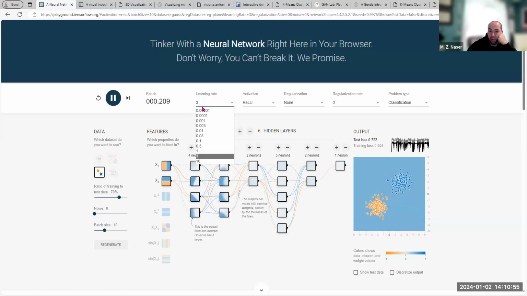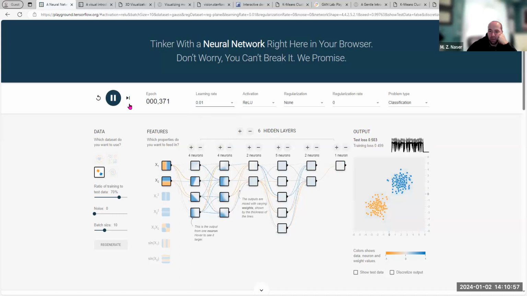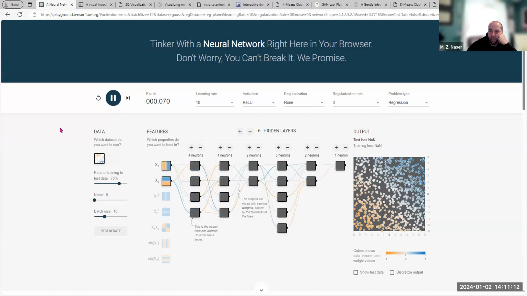You can see that if we reduce the learning rate, it's much slower, much more constant. Reduce it further, even slower. You increase it, it's different. If we make this regression run, you can see it's very funny. The learning rate is very, very high. Let's bring it back and see what we have.